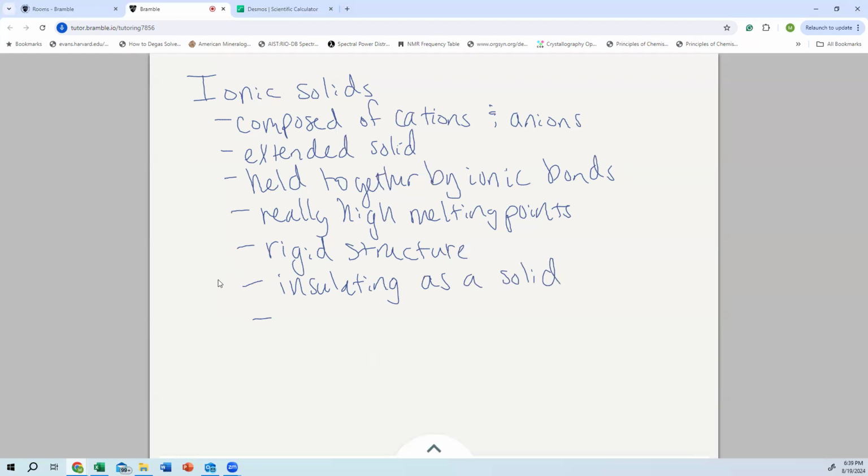So this is conductive in the liquid state, or what we call molten state, or as an aqueous species.